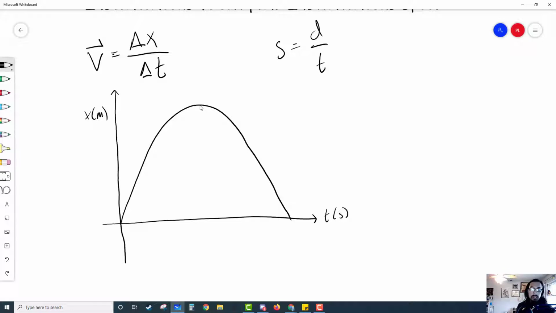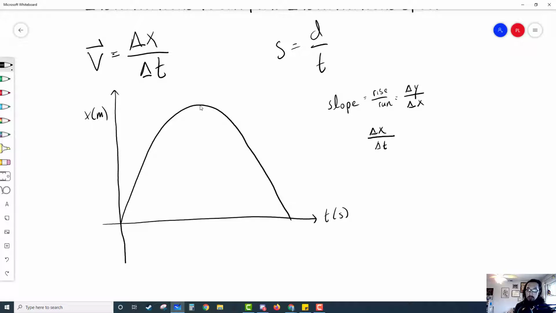Let's do a quick reminder of what we can gain from position versus time graphs. The first one is the idea of slope. If you remember from your math classes, slope is your rise over your run, and your rise is the change in the y-axis over the change in your x-axis. Here, our change in the y-axis was our displacement, divided by the change in our x-axis, which is delta t.